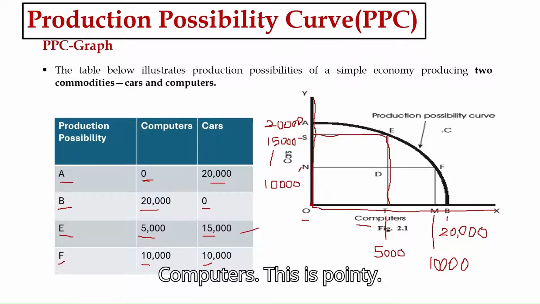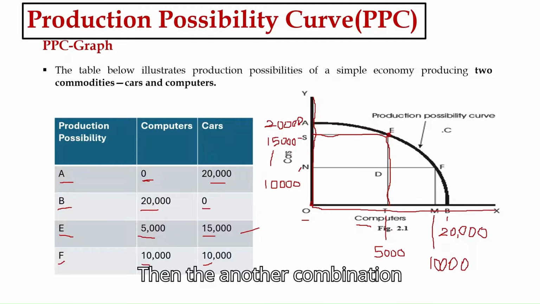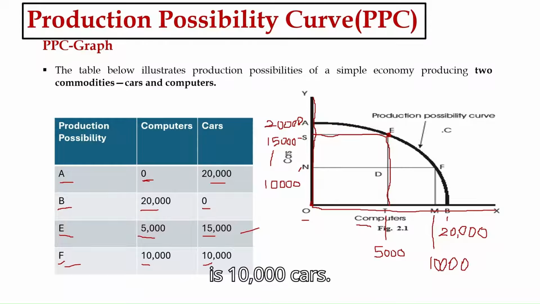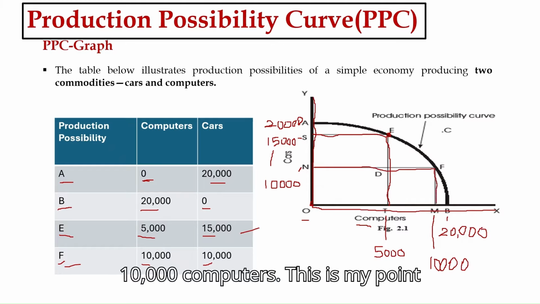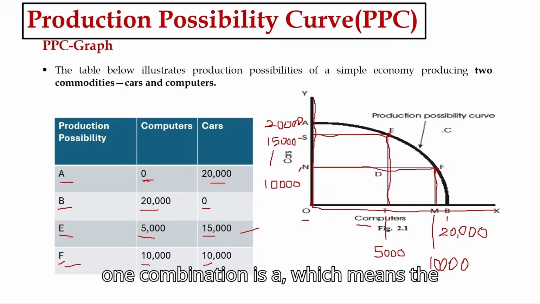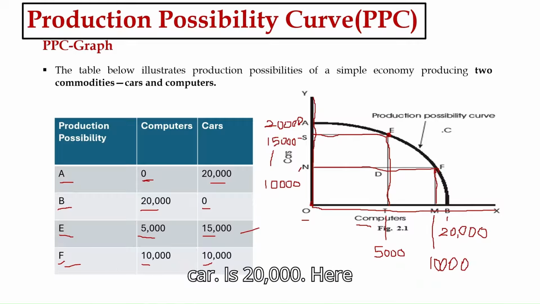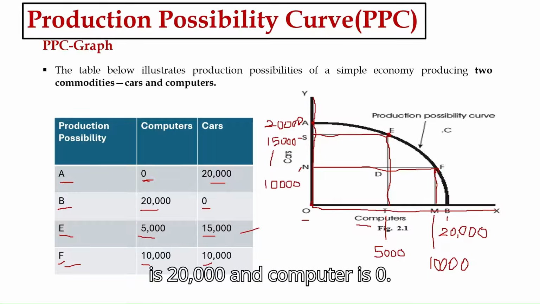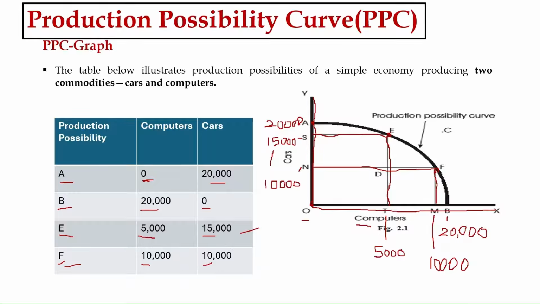This is point E. Then another combination is 10,000 cars and 10,000 computers. This is my point F. And one combination is A, where the car is 20,000 and computer is 0.